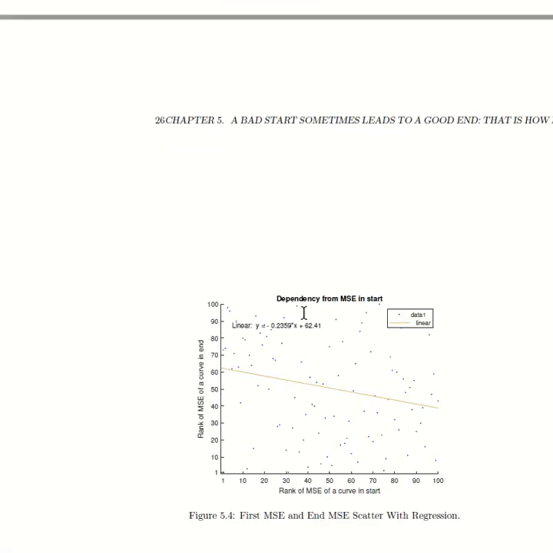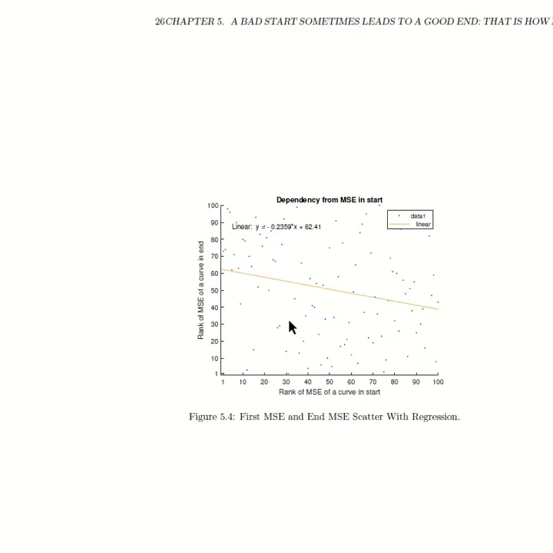And here is also the rank of MSE at start. This is a scatter diagram of the rank of MSE at start and the rank of MSE at the end.